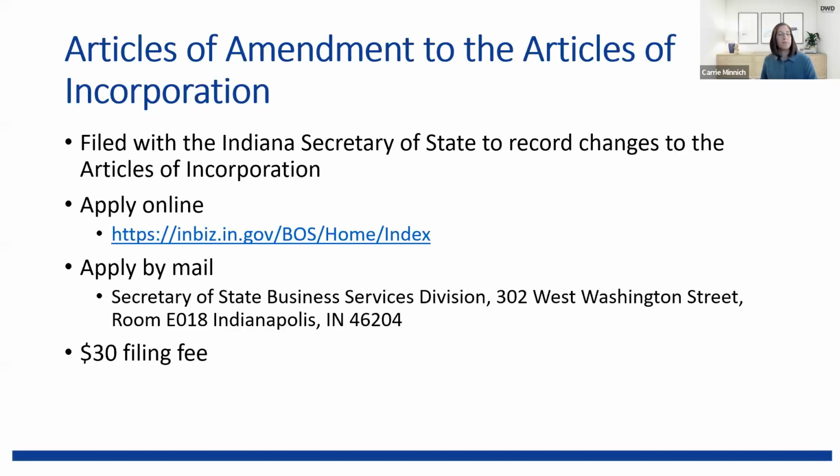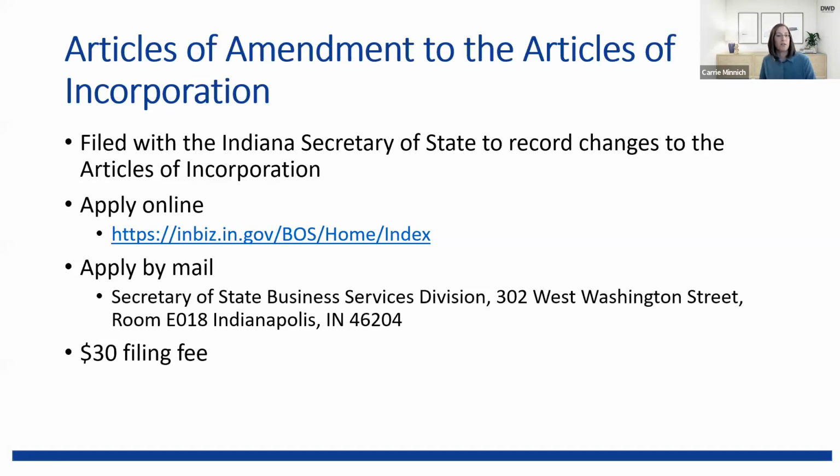However, sometimes you may have to do an amendment to your articles. Some of you may have done this over the years, or it might be something you need to do in the future. If you have any significant changes to your organization, such as the name, address, or year-end, you might have to file an amendment to the Articles of Incorporation with the Secretary of State.